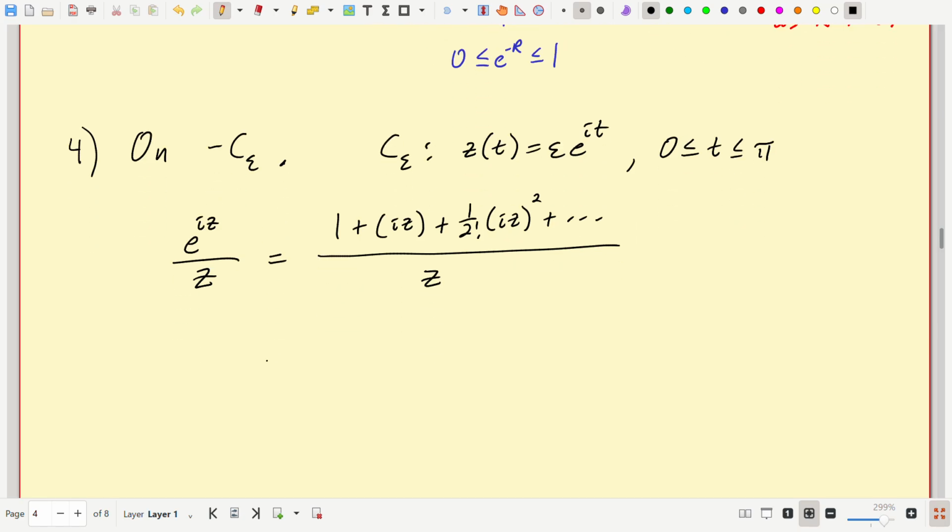Now we see the residue. The residue is 1 over z. And then I get plus i squared is minus 1, so that'd be minus 1 over 2 factorial times z, etc. And then I would get plus i over 3 factorial z squared, etc. Next one would be minus something.